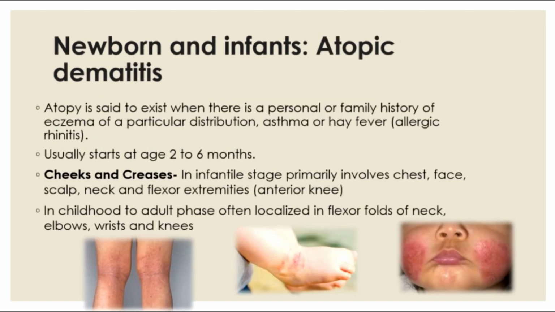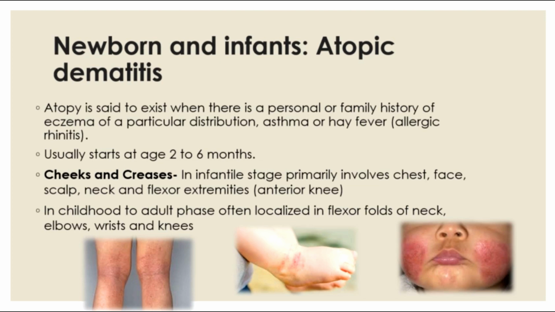Now, atopy is said to exist when there's a personal or a family history of eczema of a particular distribution, asthma or hay fever, and many people call it allergic rhinitis. Atopy starts in infants and newborns between the ages of 2 to 6 months.